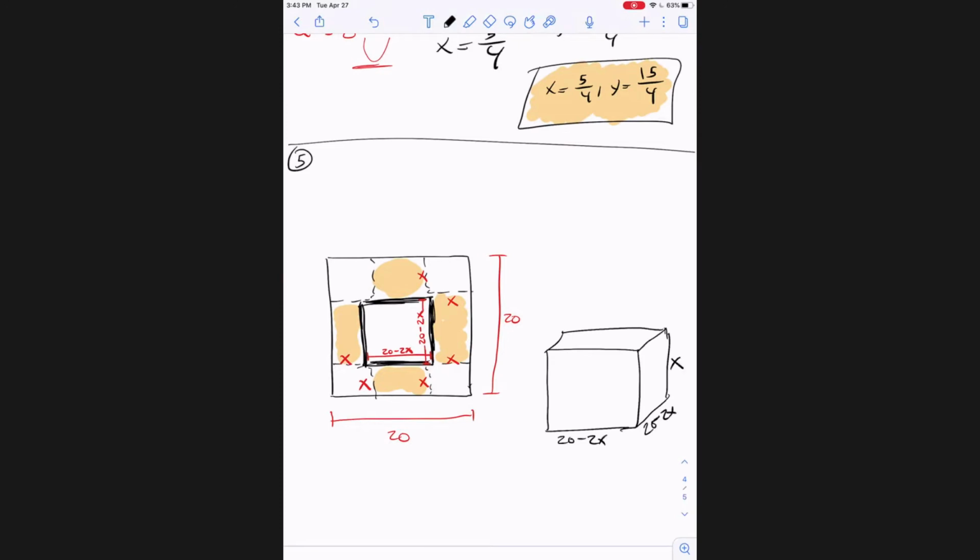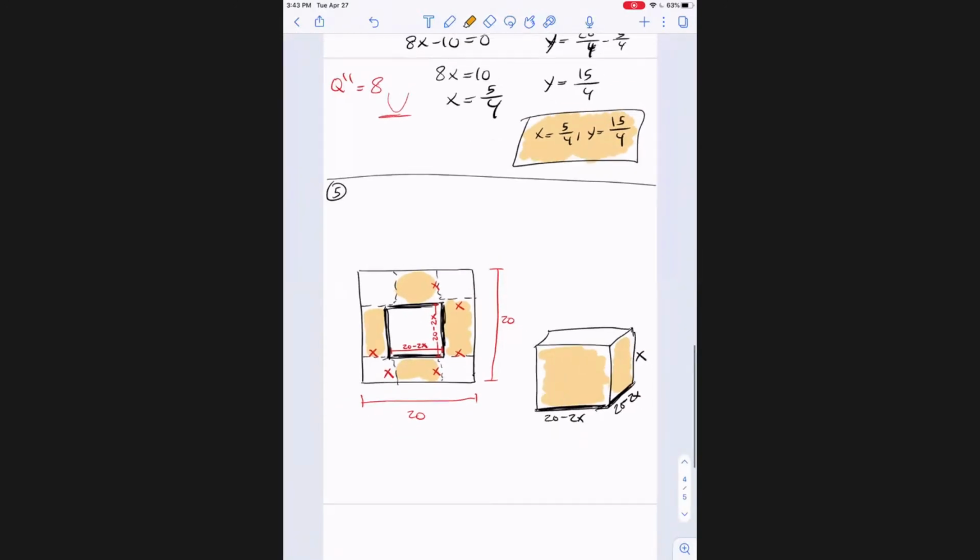So this is the base of the box, and this is the base of the box, and the other part you can't see. The flap would be where you fold it up, right here and right here. And it's an open top.